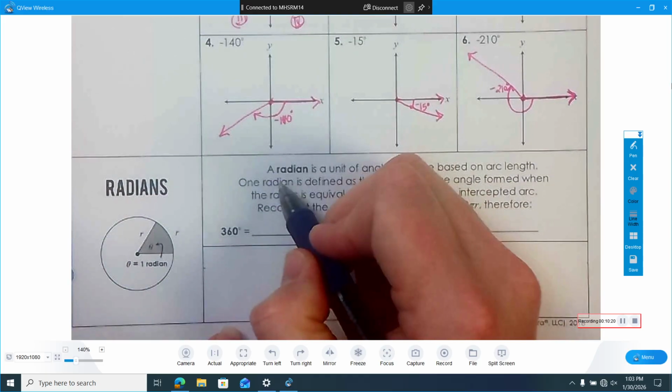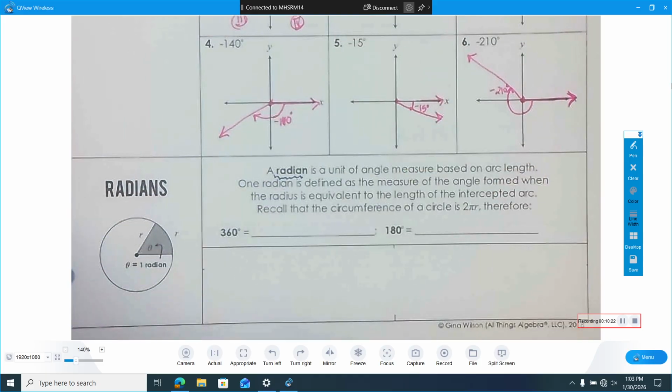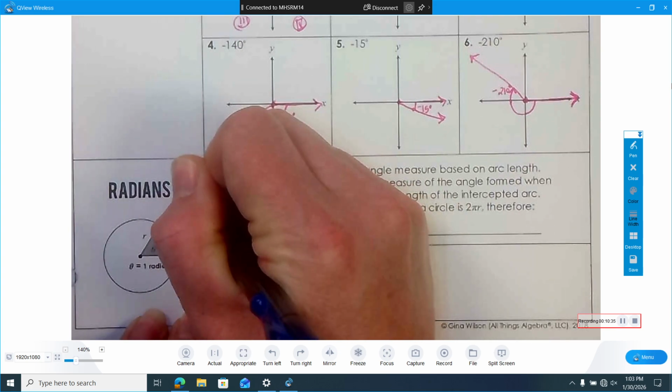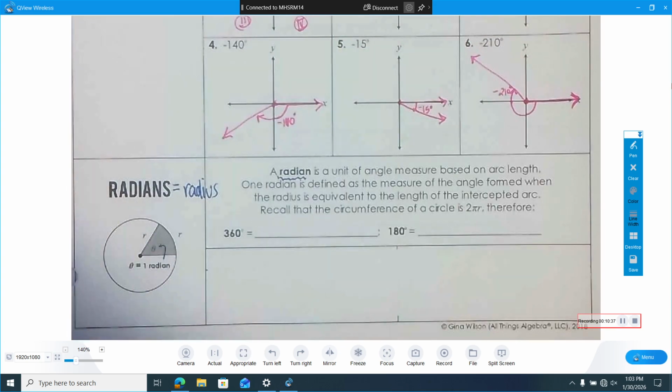Will you look at that word radian? It sounds very much like another word. Radius, right? Okay, ladies and gentlemen, congratulations. A radian is simply a radius, okay? That's all it is. It is the length of a radius.